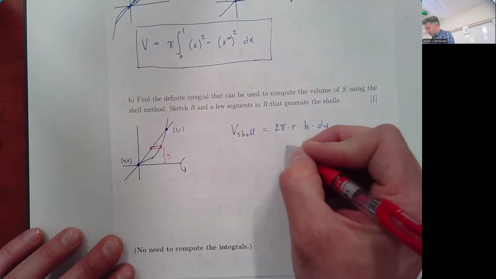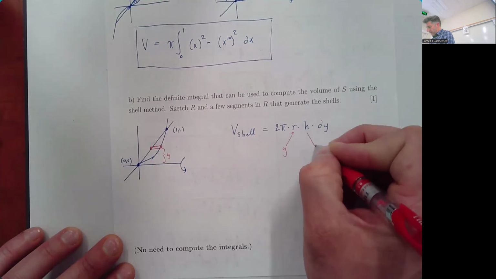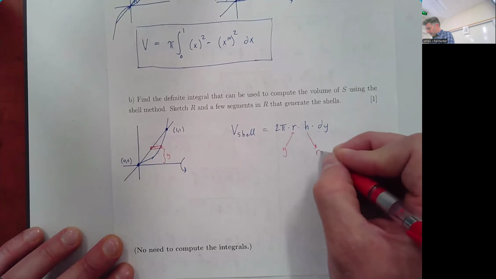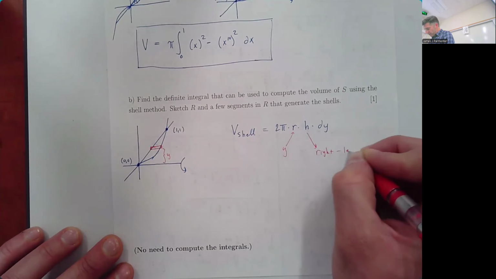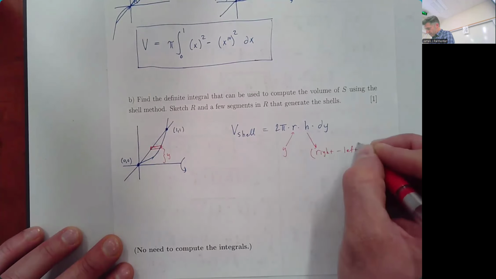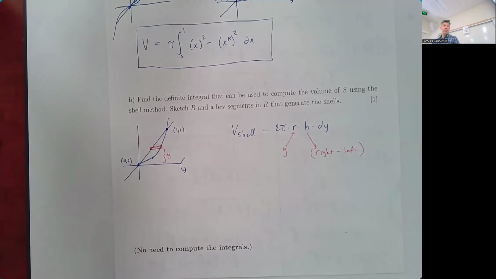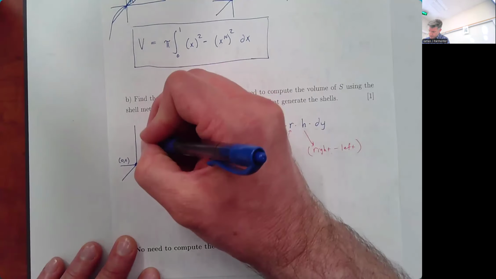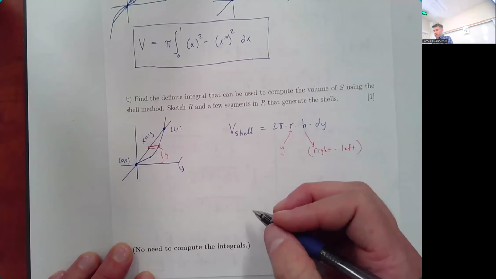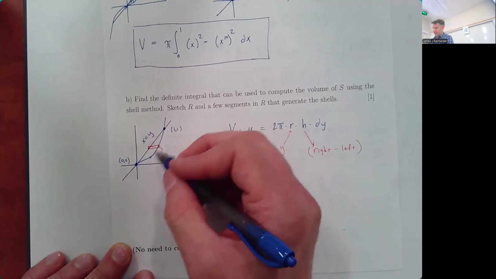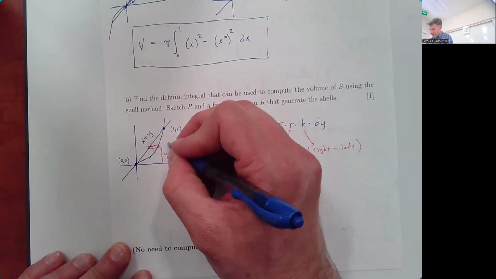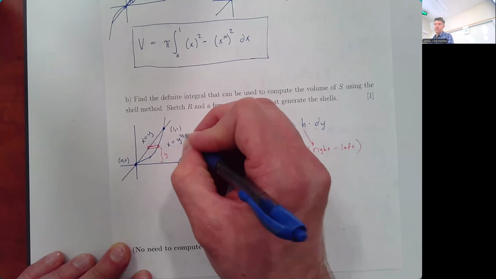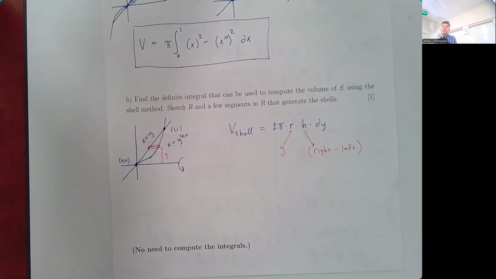So my radius here is y. My height is the right function minus the left function in terms of y. So this function that was y equals x is now x equals y, which is not really a big change. And this function that was y equals x to the 10th is now x equals y to the 1/10, which is a change.